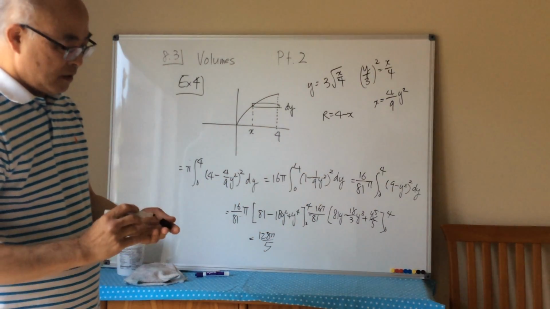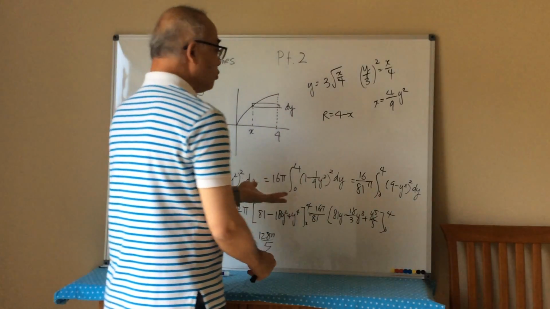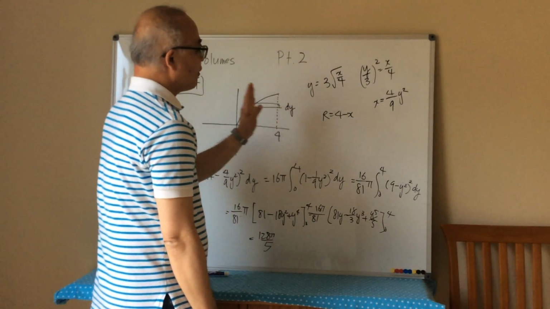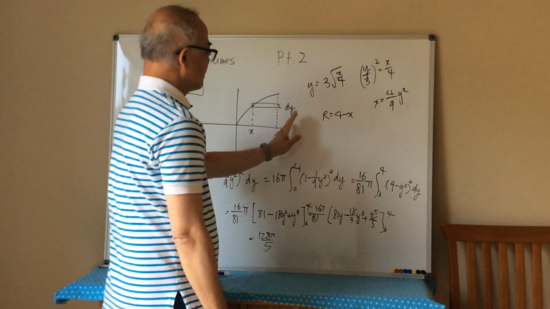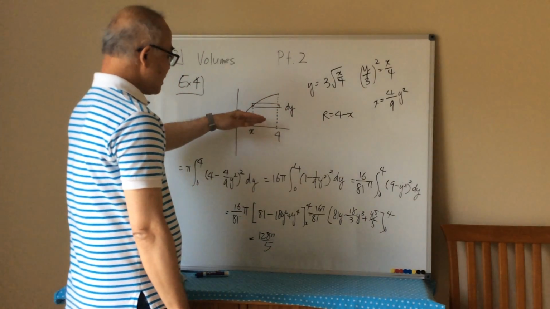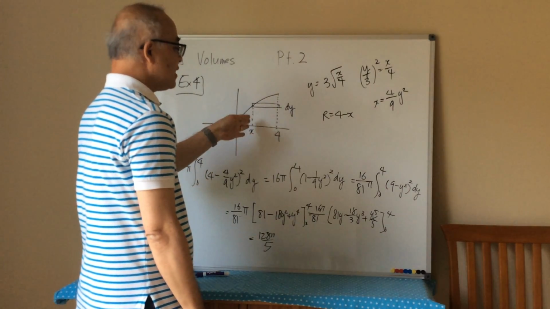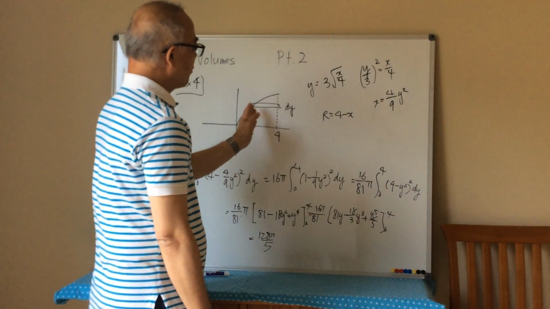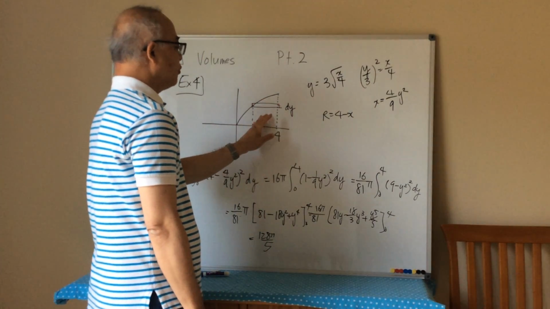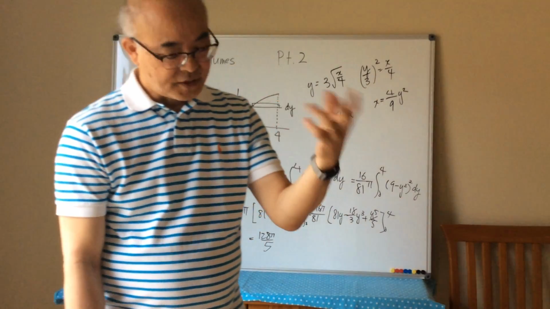Okay? So a couple of things here were kind of hard, and kind of new, is that when you rotate around a vertical axis, you're going to get dy's, just as when we were rotating around the x-axis, we had dx's. When we rotate around here, we're going to have dy's when we do the washer or disk method.